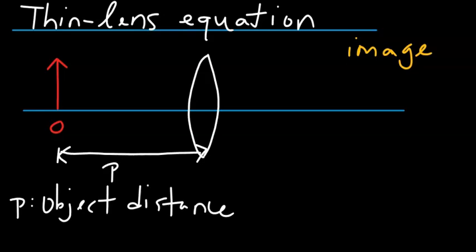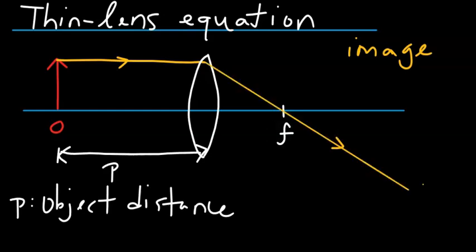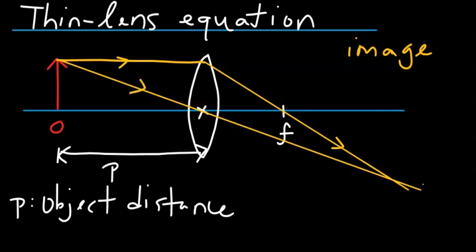The first ray that you want to use is the parallel ray that will converge towards that focal point, like that. The second ray is the one that passes through the center of the lens undeflected, like that. The point where they meet is where the image is.